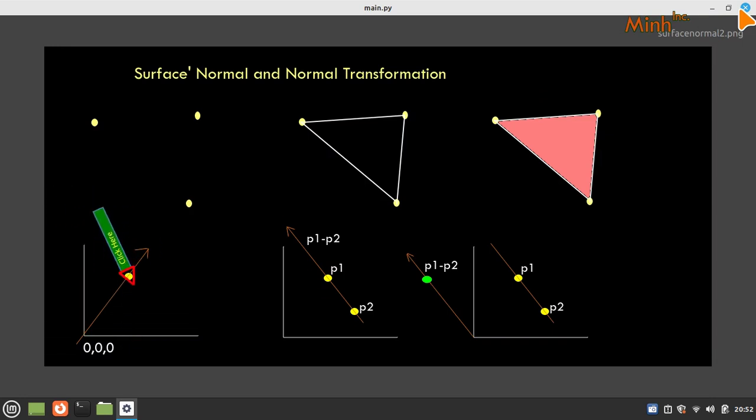If this point is P, any P, then the vector equation will be P. This is one vector. It has direction, and it has magnitude.